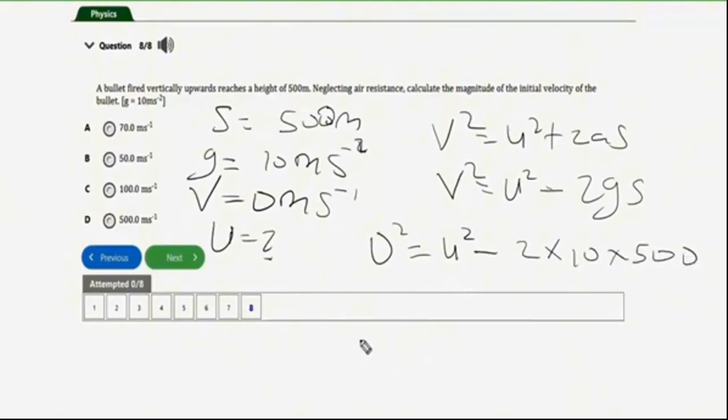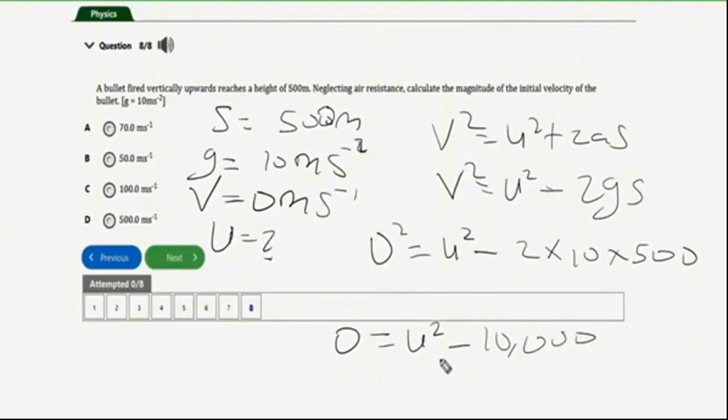So when you break this down, you're going to have 0 equals u squared. Now 10 times 500, we're going to have 5,000. 5,000 times 2, we're going to have 10,000. So minus 10,000.